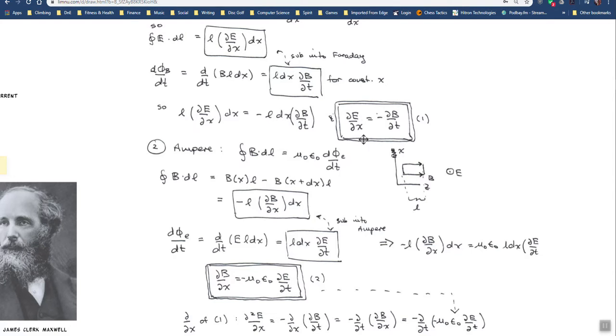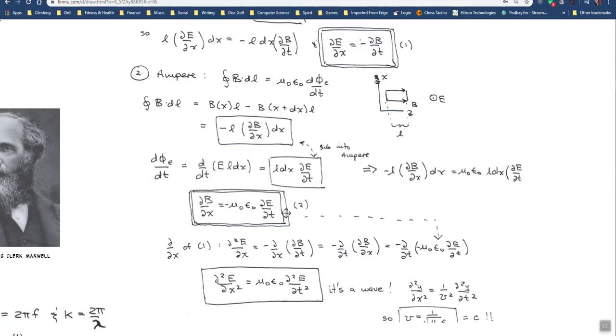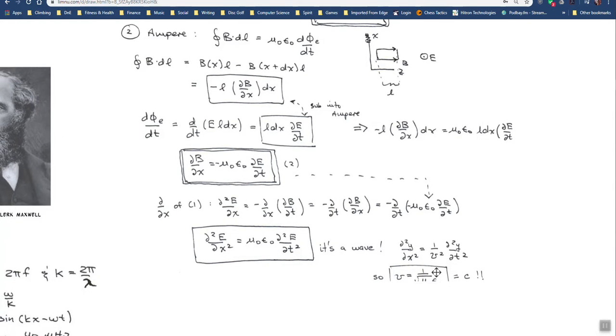So in double box 1 and double box 2, if you put those together and take the first derivative of this with respect to x, and then plug in for your partial of B with respect to x, you get this, which is a wave equation. Going back to chapter 13, it might be useful to look at your chapter 13 notes again.